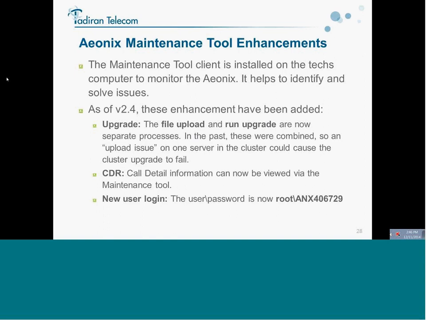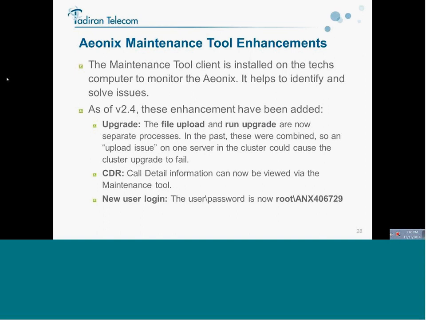The problem that would cause is that if you had a problem doing the upload on one of the servers in the cluster, the whole upgrade failed. Now by separating them, we take care of the upload process first. If you had a problem with a particular server, once that process is done, then you can run the upgrade. So this process is going to be a big help.